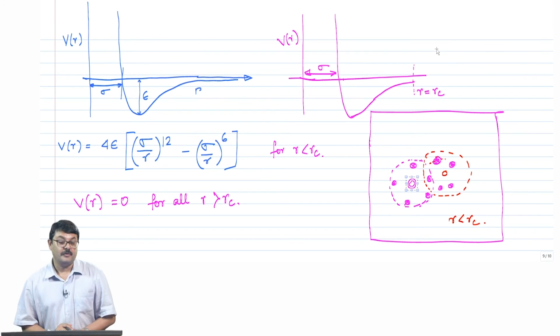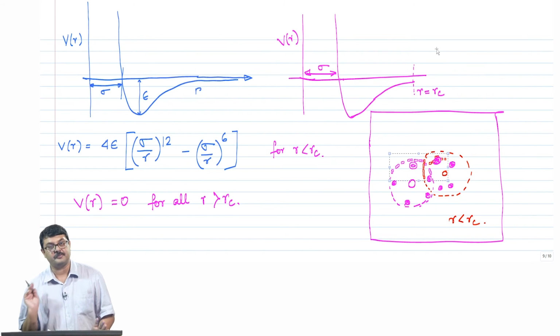So, what do you get? You do not have to calculate the expression of the force and the potential for a very large number of particles. If this is your particle in question, you are calculating the force only for suppose 1, 2, 3, 4, 5 neighboring particles, and not the force between this and all the particles which are far away.